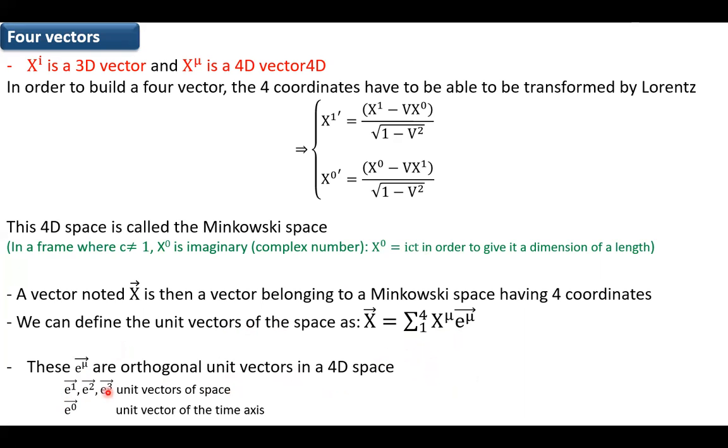And you have e1, e2, e3, the unit vectors of space, x, y, and z. And e0 is the unit vector that corresponds to the time axis.